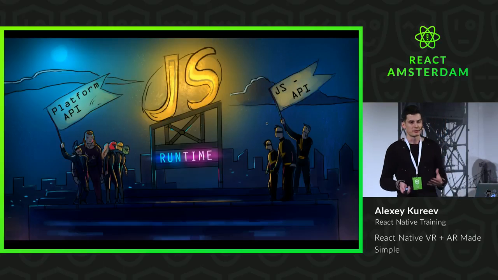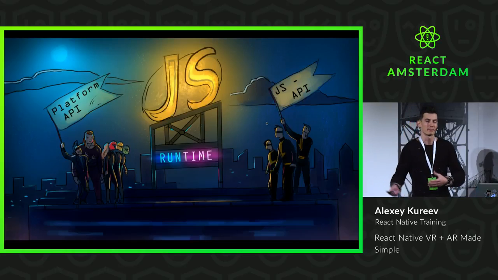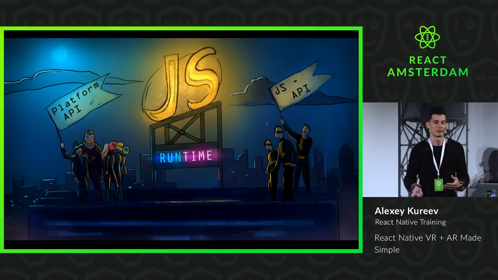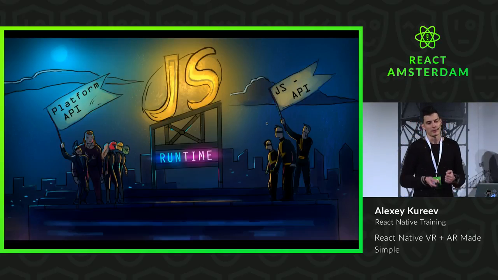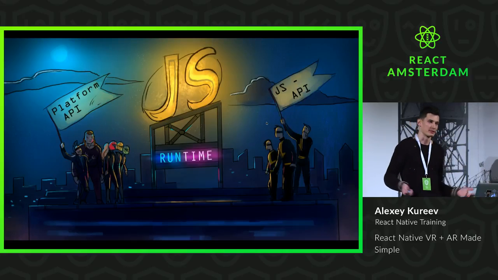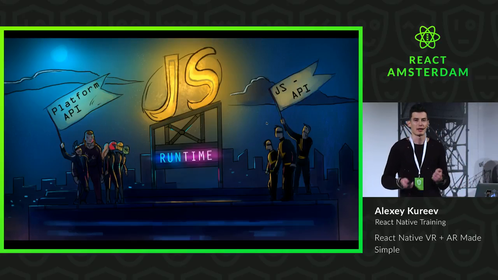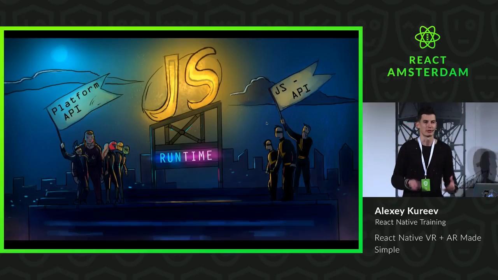So JavaScript is an embeddable language, and it runs on top of some platforms, right? For instance, we can run it on top of iOS or Android applications. And the host platform, which is React Native in our case, can actually extend the JavaScript runtime.